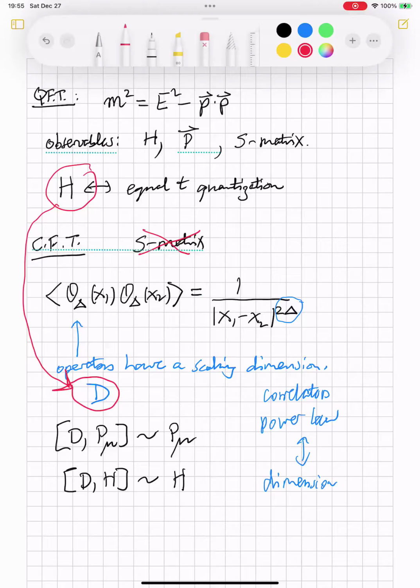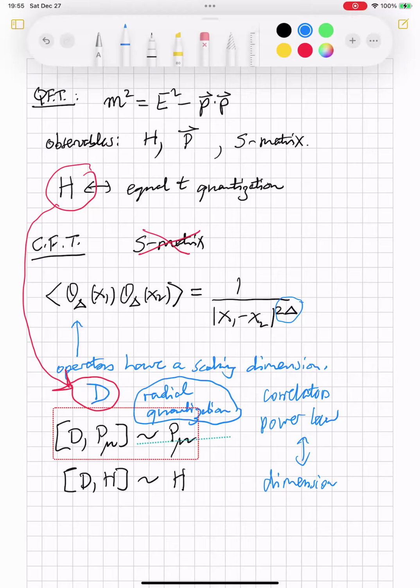And the answer is yes, and that is precisely what we mean by radial quantization. So in radial quantization, we evolve between the different leaves using the dilatation operator, and this replaces the statement that we evolve between the different leaves in the equal time quantization using the Hamiltonian.